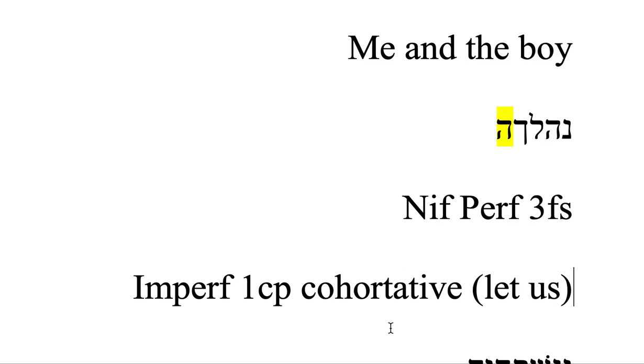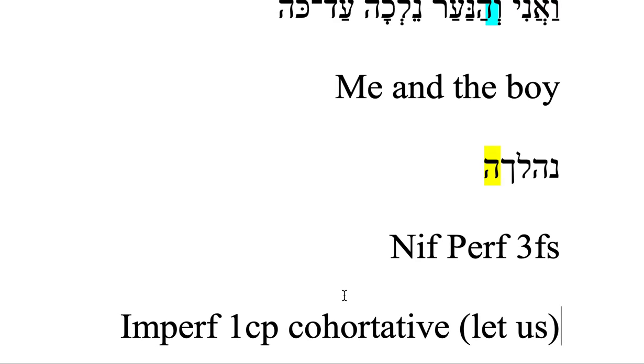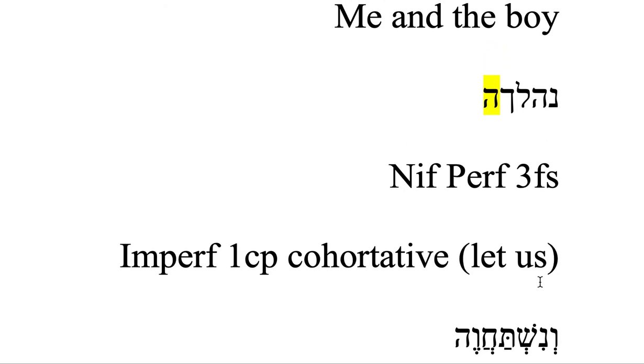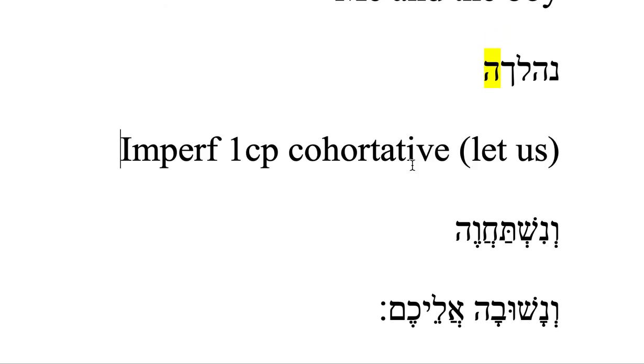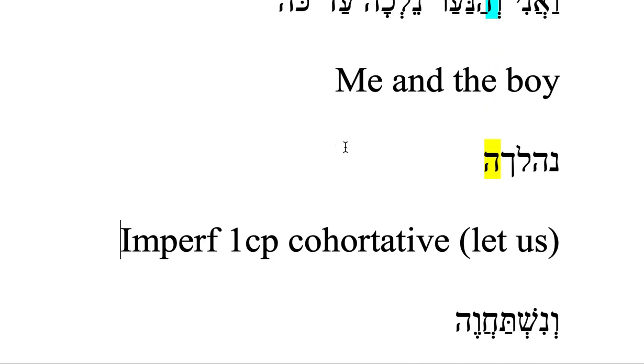There will be some cohortatives on the final, so you should definitely know, or jussives, right? So special meaning of the imperfect, you should definitely know and review what it is and how to translate it. So when you're looking at the text, this doesn't fit the Nifal, right? And so it's definitely imperfect 1CP, and the he is cohortative.